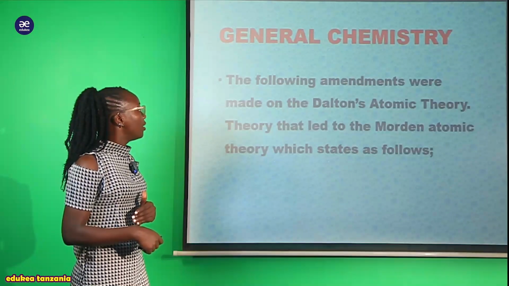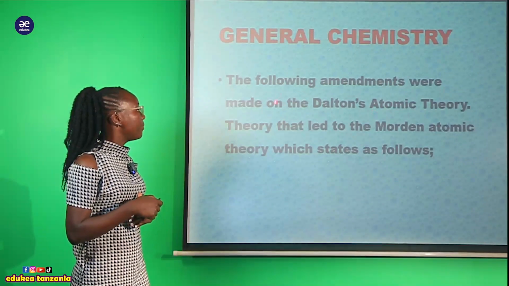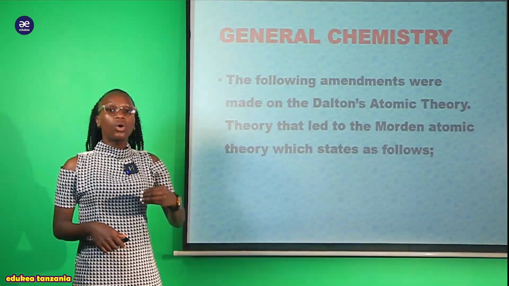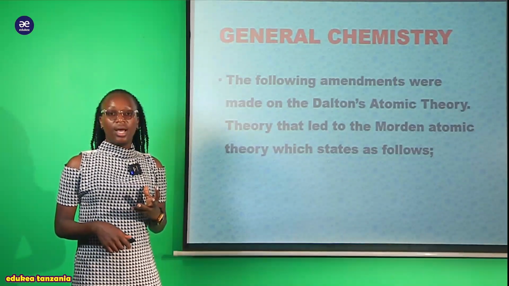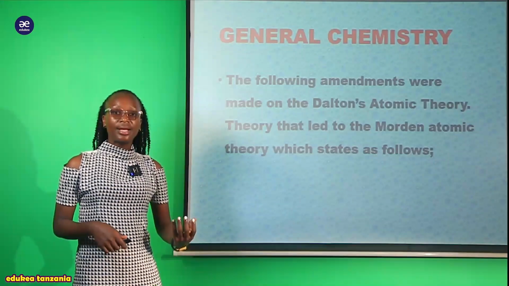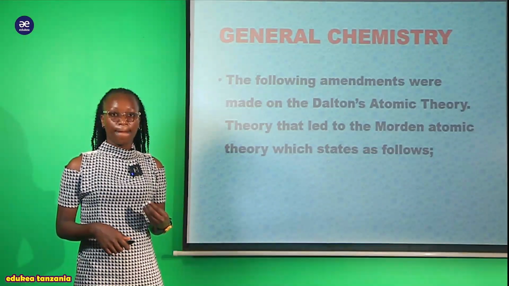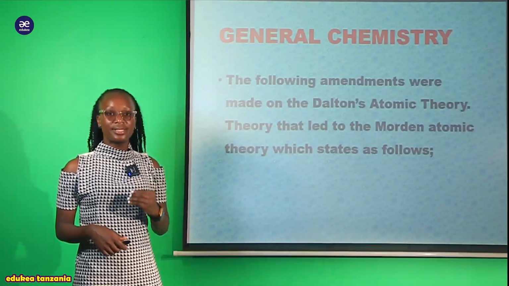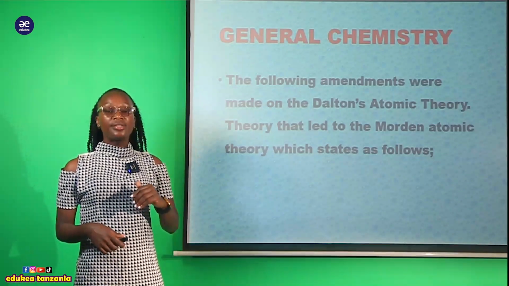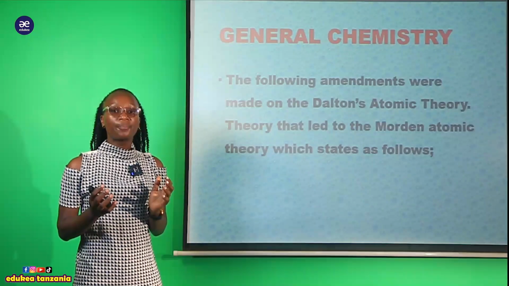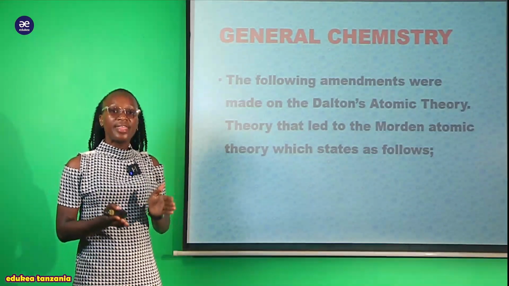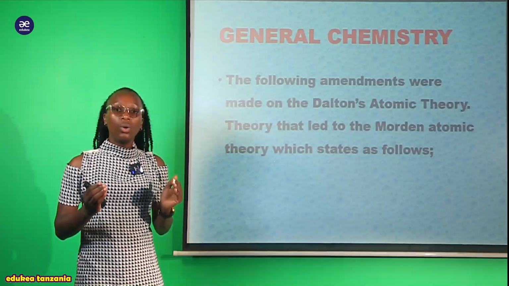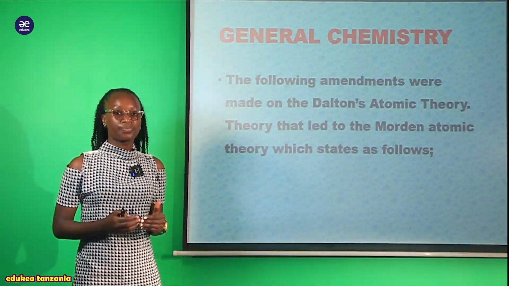After that, the following amendments were made on the Dalton atomic theory, meaning that we are going to look at the modern one. Kumbuka, in the beginning there was the assumption, but through those assumptions more experiments were conducted, and those assumptions were the major foundation for further experiments in order to look at the nature of the atom.